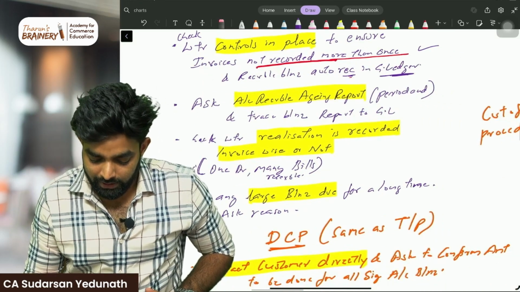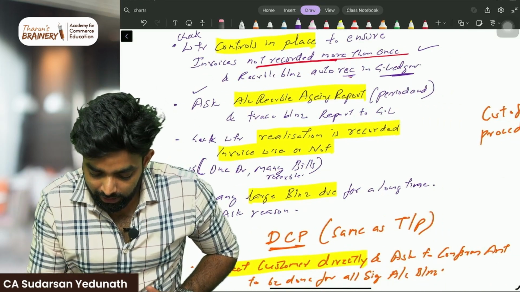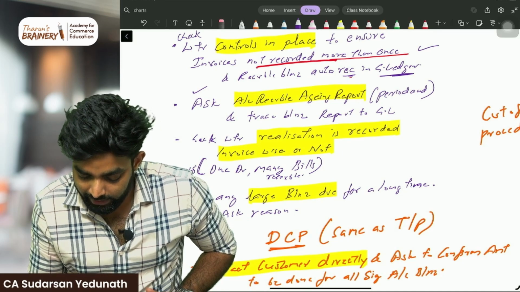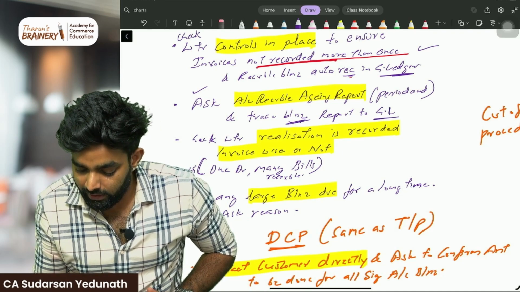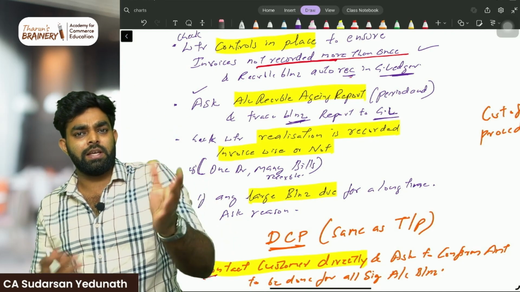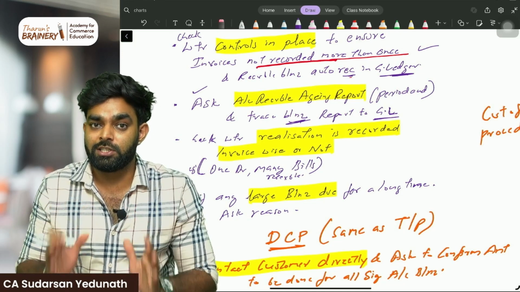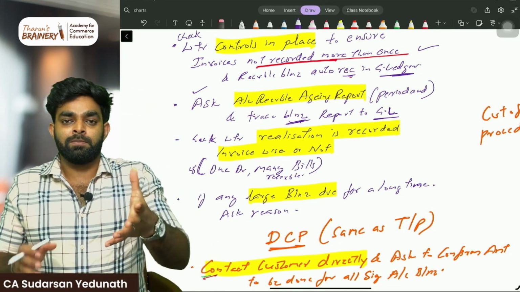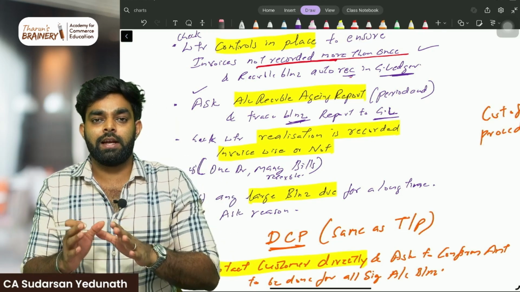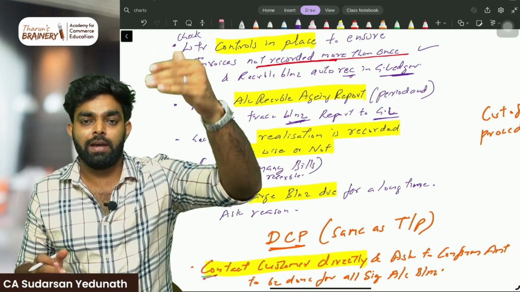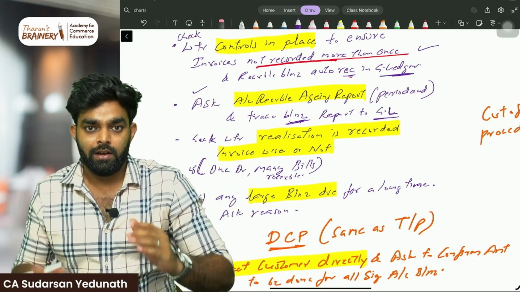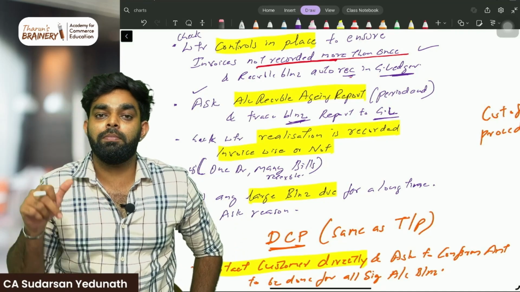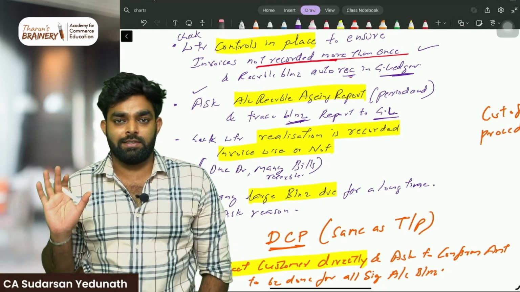Then, to check that, ask for the account receivable aging report and trace the balance to the general ledger. Ask the management: give me your trade receivable, that is debtors, aging report. In that report you can see, imagine 10 debtors are there, how long these debtors have been in existence.